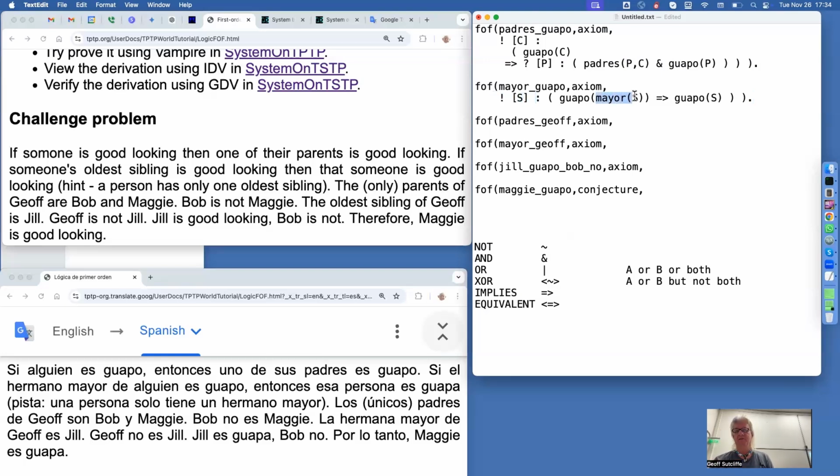If the oldest sibling is good looking, and this is just one thing, so we can use a function. We don't have to do like parents. For parents, you have two padres. You need to use a relation like this, but if it's one, we use a function, then we can put it inside. So it says, if the oldest sibling is good looking, then the person is good looking.